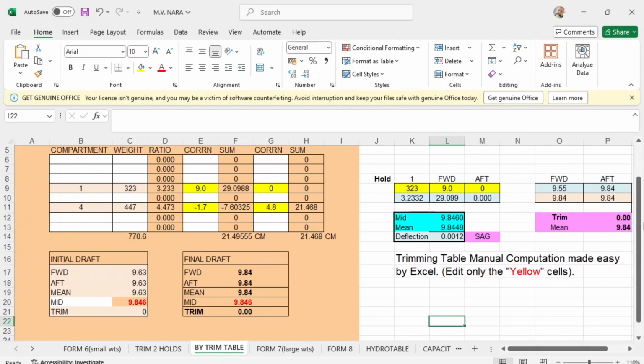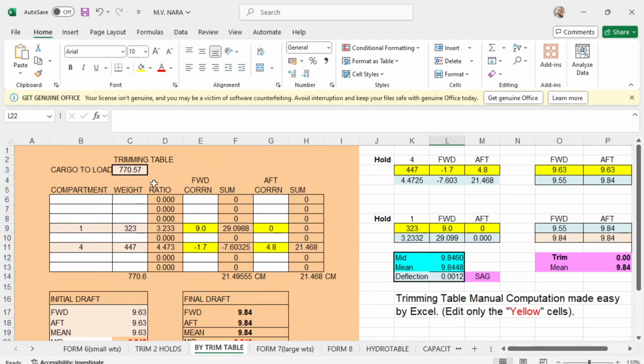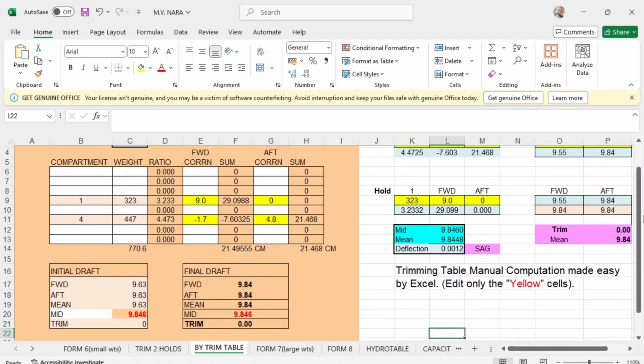Okay, so assuming that your remaining cargo to load is 770.57, and your number 1 hold to load of 323, and number 4 is 447, and your departure draft, this will be your forward correction in hold number 1 is 9.0, and up correction in hold number 1 is 0, and your cargo hold number 4 forward correction is negative 1.7, and your up correction in hold number 4 is 4.8.